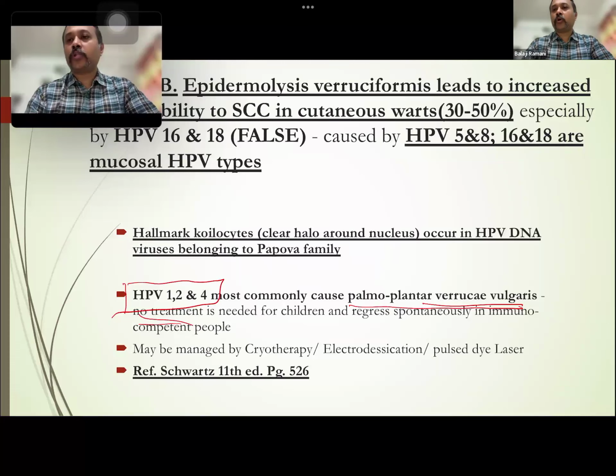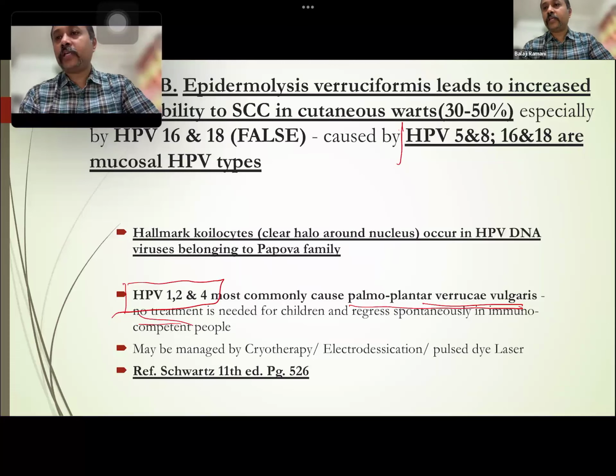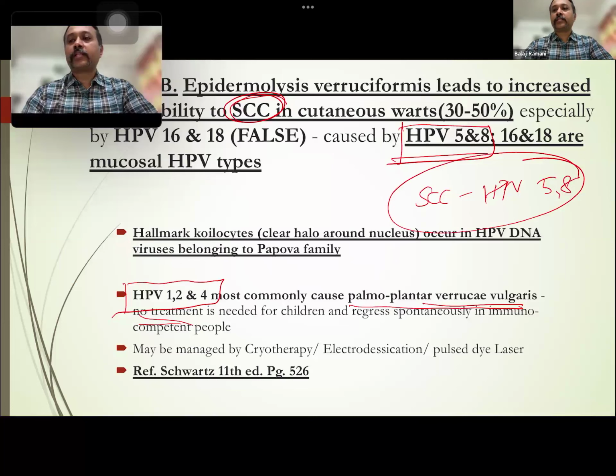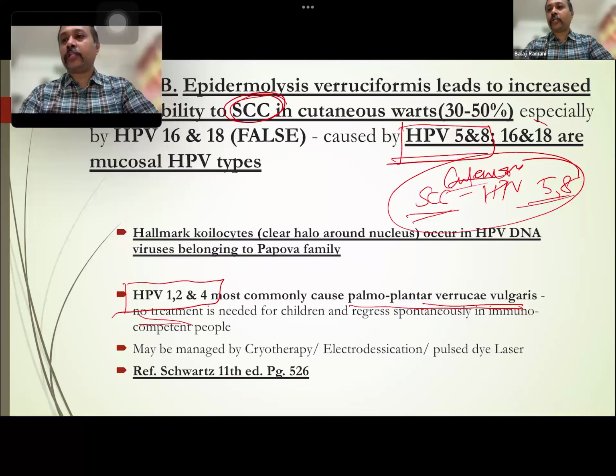And you also have other types, HPV 5 and 8, epidermodysplasia verruciformis with ability to transform to SCC. When you look at the SCC chapter, for example, these types will be mentioned. HPV 5 and HPV 8 are associated with that. For the cutaneous SCC, the HPV types 5 and 8 are important. 16 and 18 are important for the mucosal HPV types.